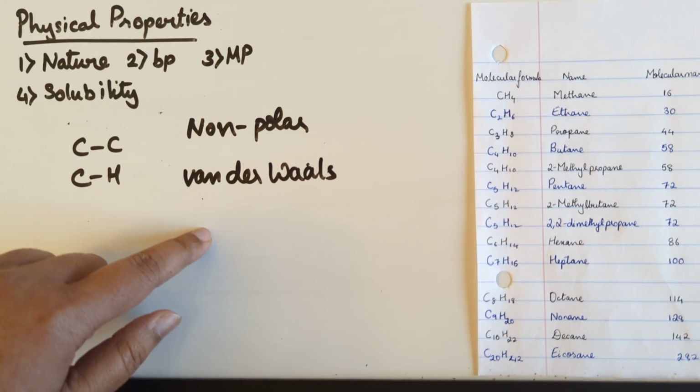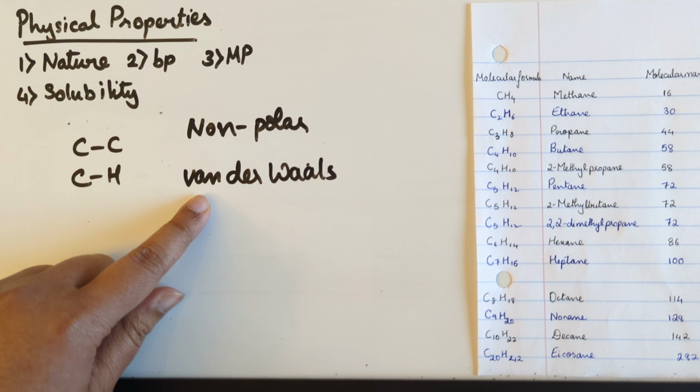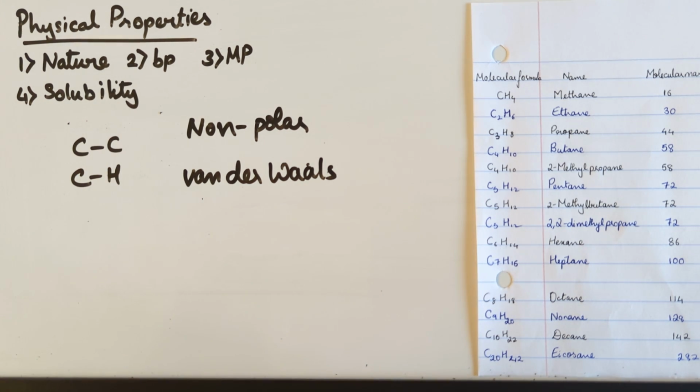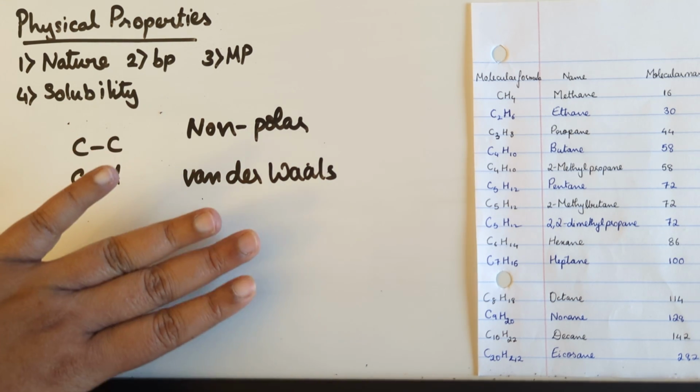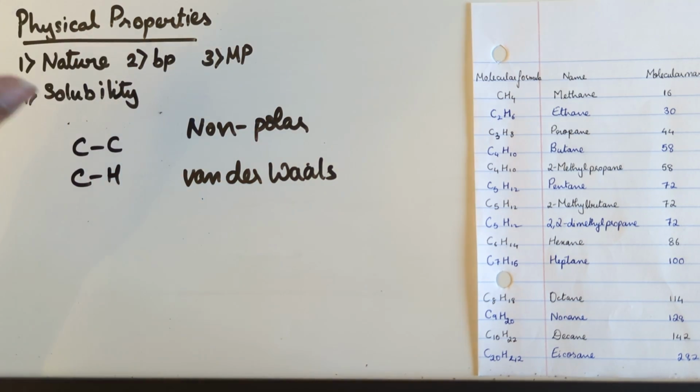Molecules are held together by van der Waals forces, which in turn depend upon the size and structure of the molecule. These molecules are also non-polar in nature due to the small difference in electronegativity between carbon and hydrogen atoms.